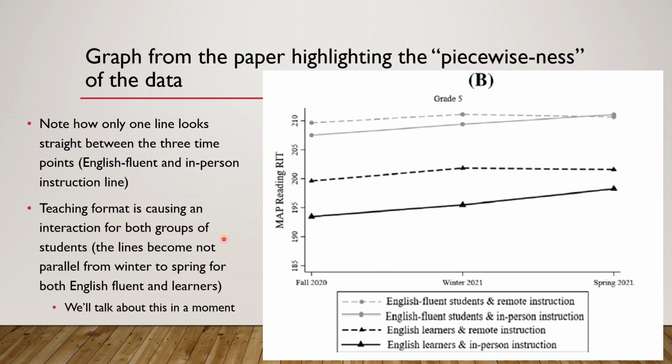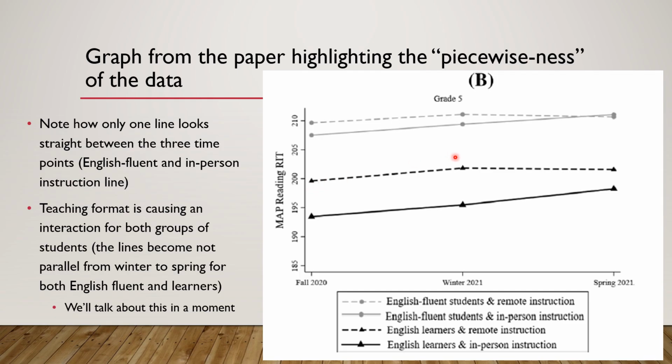So here, they use the piecewise function because it's most representative of what's happening when teaching format seems to be really important, where if you're in the remote sections, you have a negative rate of change, so a negative growth rate, in winter to spring. And the piecewise function helps them capture that component, because it's not true from fall to winter. And it doesn't mean that their data is bad, it's just what the data is.